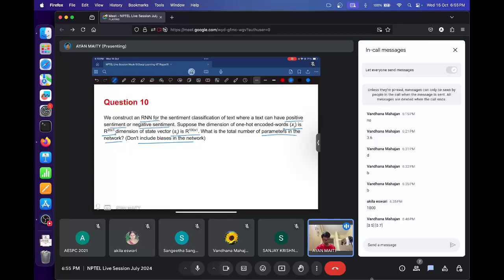So in RNN there are 3 matrices of parameters, 3 weight matrices basically, and there are several biases which we will not include in this case.